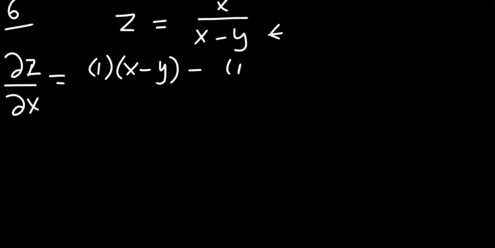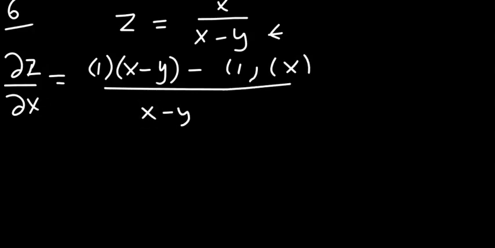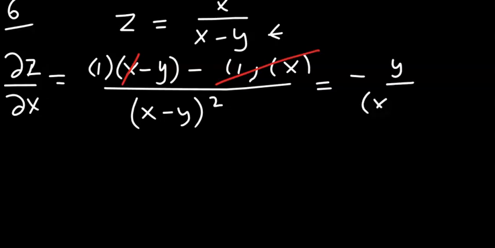You get 1, and then write the numerator, which is x, over x minus y squared. You see that this x will cancel that x, and what you get is minus y over x minus y squared. That's the result that you're looking for.